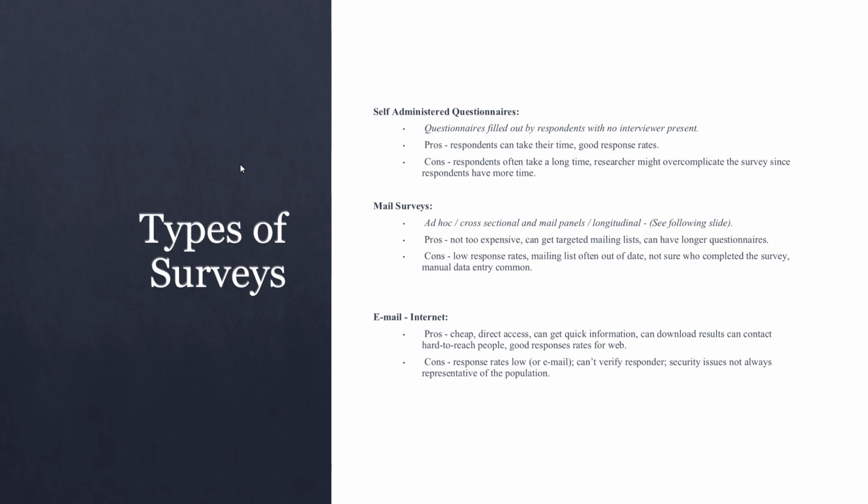The problem with the mail survey, obviously, nowadays is that people are not checking their snail mail as much, so your response rate might go down, increasingly, with more people opting in for the electronic stuff. The second thing to talk about with the mail survey is that your mailing list might be out of date.